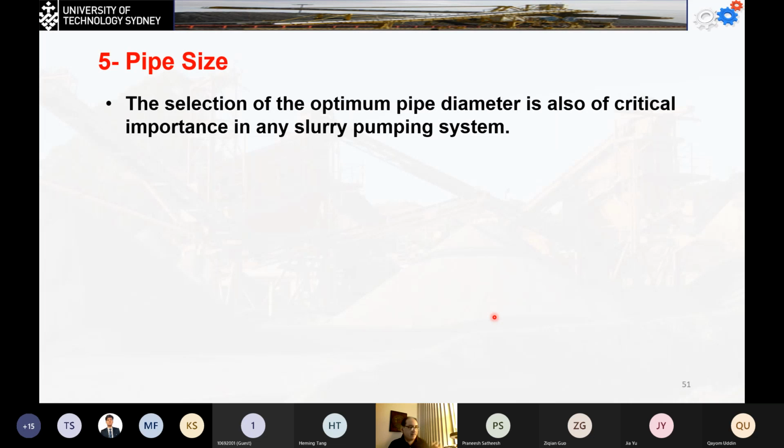What will be the problem we have with small diameter pipes? Less mass flow and higher velocity. Yeah. And it's going to be the opposite if we have a larger diameter: less velocity, higher mass flow.